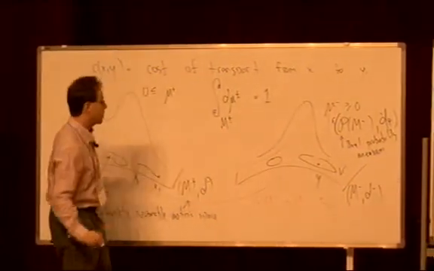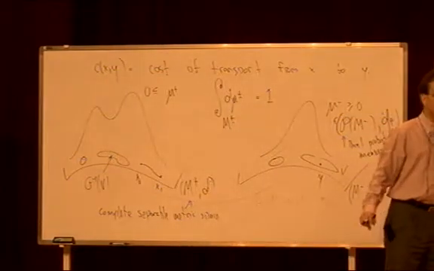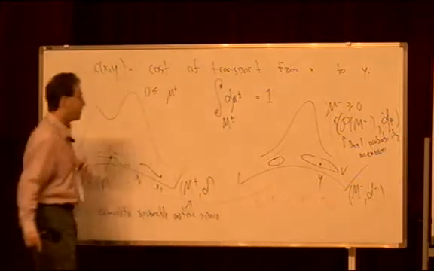Like a small ball here would go to an ellipse there, and this absolute value of the determinant would measure the ratio of the area of this ellipse to the area of this ball.